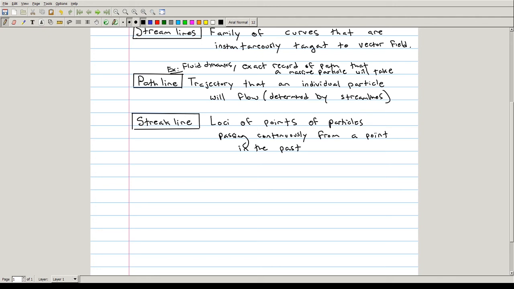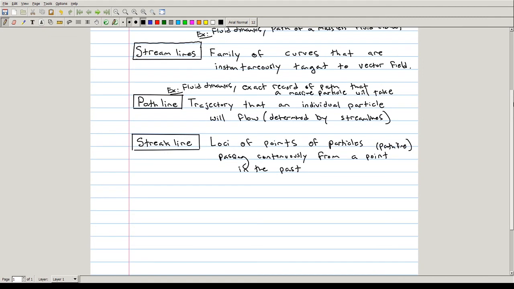And this is specifically a path line in the past. So this is specifically for when the flow depends on time. These three things can be thought of as different when we have this dependence on time.